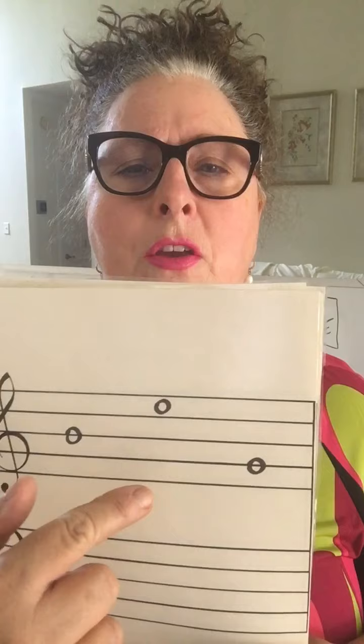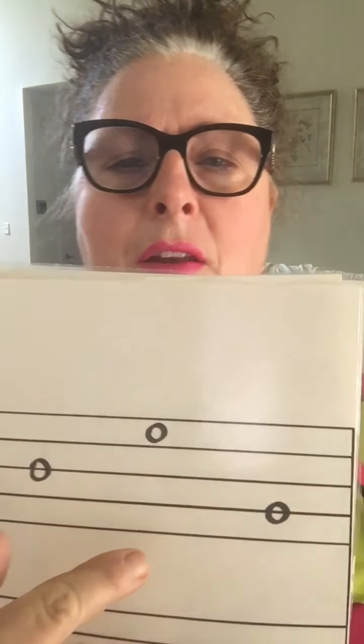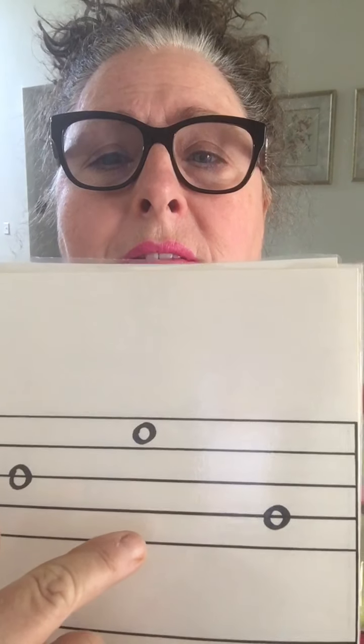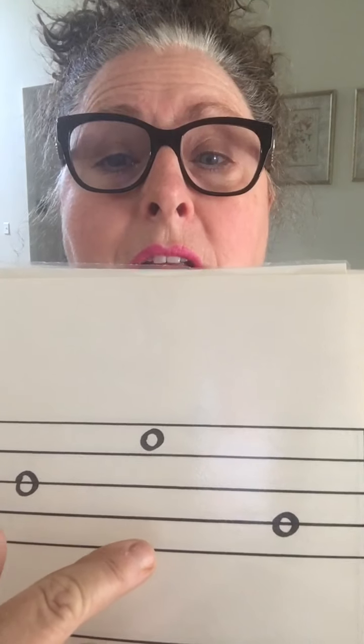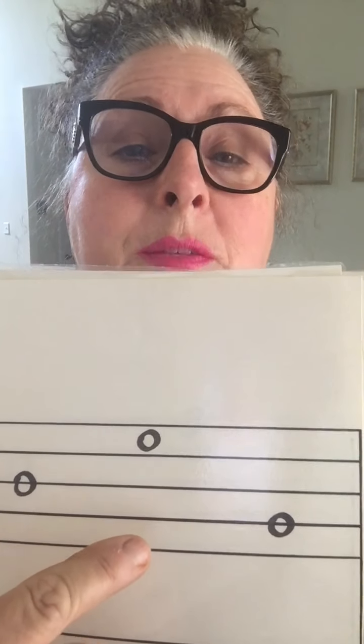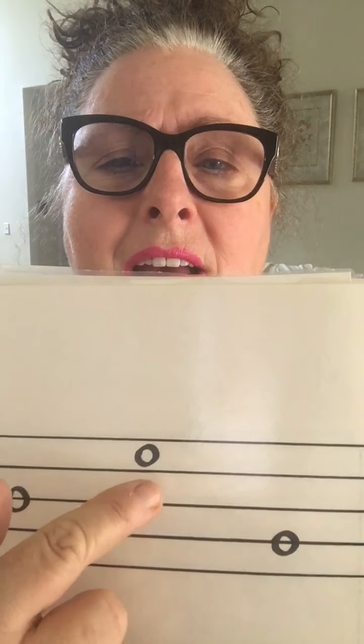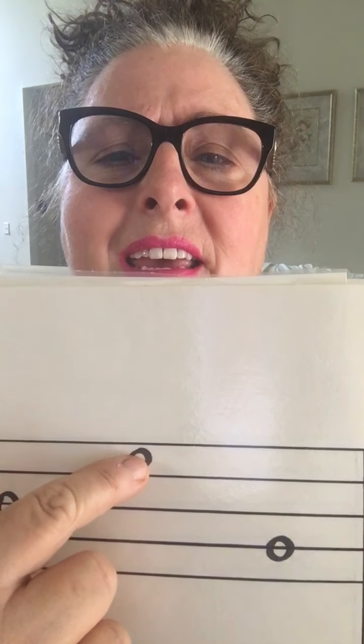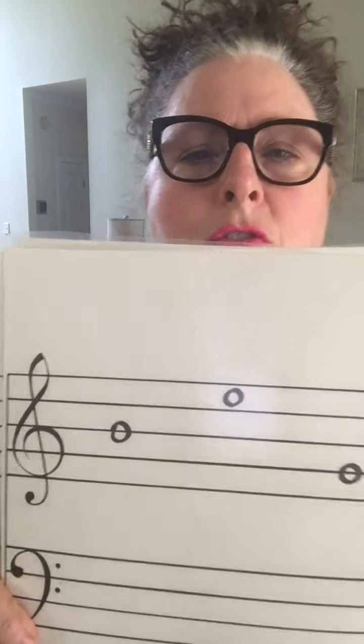The second, you ask yourself, is this a line or a space? It's a space note. So let's use what rhymes with space. It's face. F, A, C, E. So put letter E in your second blank.